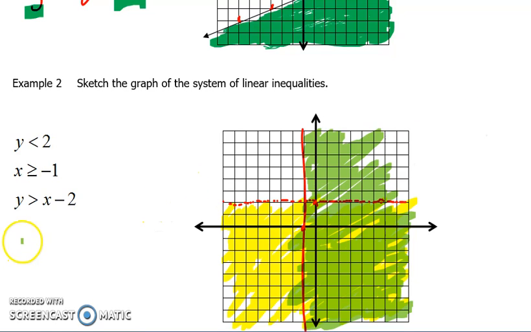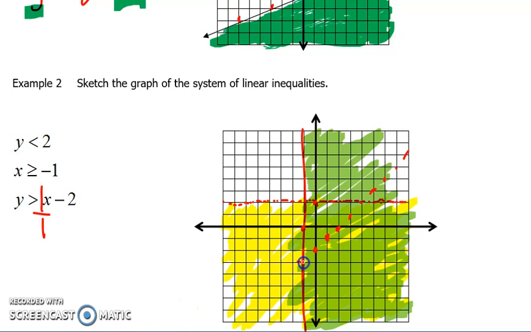And then the next thing we're going to do is y is greater than x minus 2. So we're going to use slope-intercept to do this. Slope is 1/1. So we're going to start at -2 on the y-intercept and then do 1/1, 1/1, 1/1, and we're just going to keep drawing the third one here.